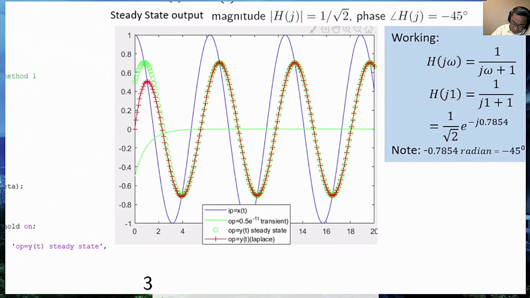The blue line that you see here is the input. It has amplitude 1 and it is a cosine because it peaks when time equals 0. When time equals 0, the amplitude is 1. Okay.